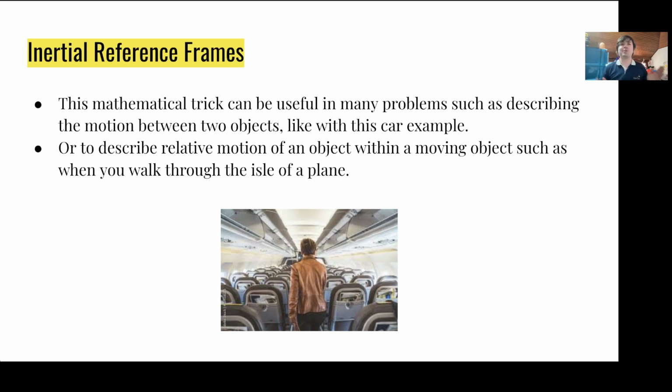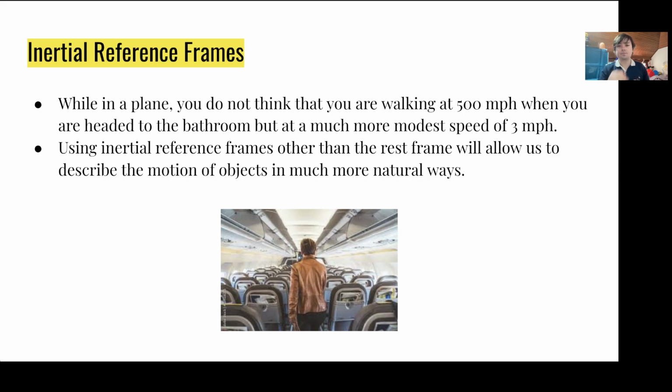You wouldn't be like, I'm going 301 miles an hour. You would say that you're walking at 1 mile an hour. And so that's using a rest frame of you inside of a frame of reference that's actually moving at 300 miles an hour. Or I guess I chose 3 miles an hour instead of 1. So it depends how fast you are walking if you need to use the bathroom.